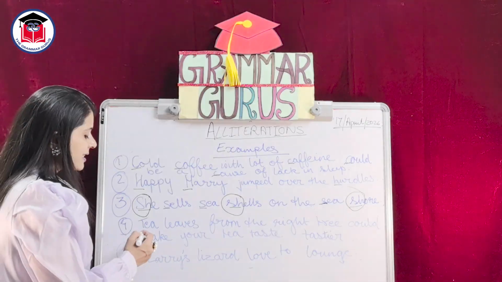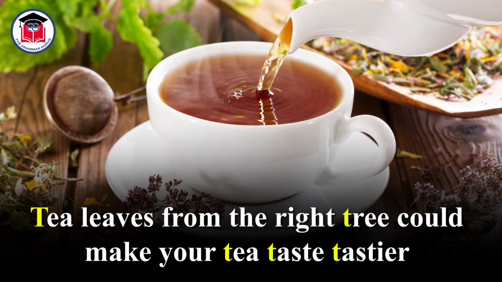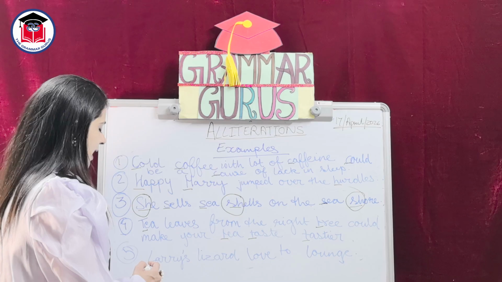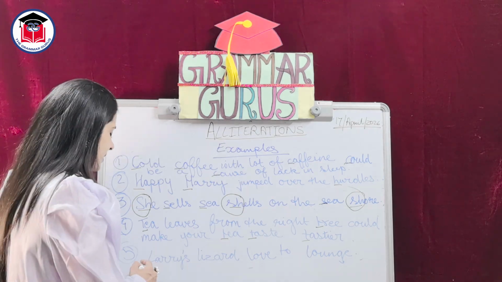Again, tea leaves from the right tree could make your tea taste tastier. Here, which consonant sound has repeated itself? T. You're right. T is the consonant sound which has repeated itself. Again, notice the last sentence.